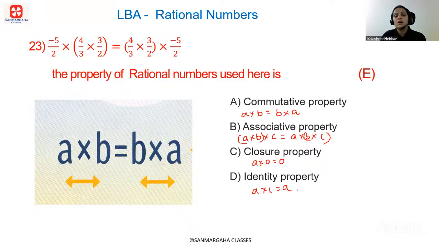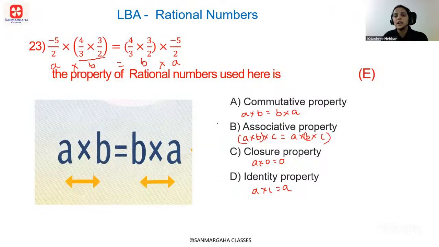Okay. So now here, the property used in these rational numbers is, if you consider this as A and this entire number as B, and here this is B and this is A. So that is nothing but A into B is equal to B into A. Which property is that?